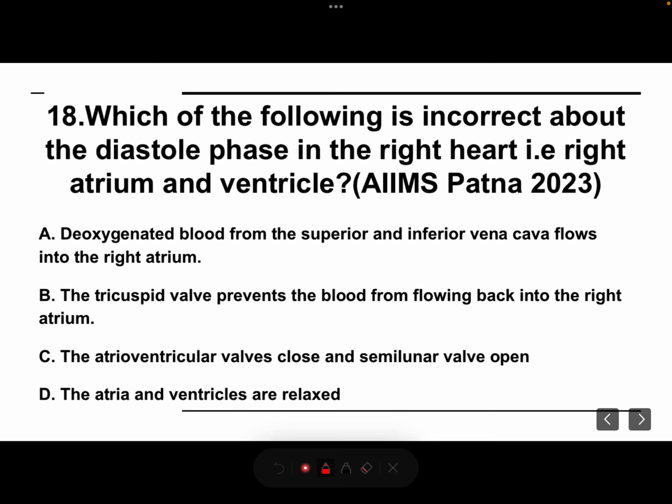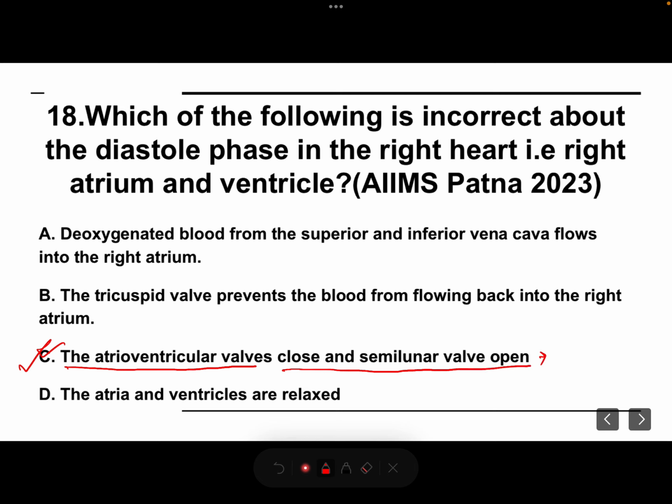Option C, the atrioventricular valves close and semilunar valves open. Option D, the atria and ventricles are relaxed. Here, the correct answer is option C.